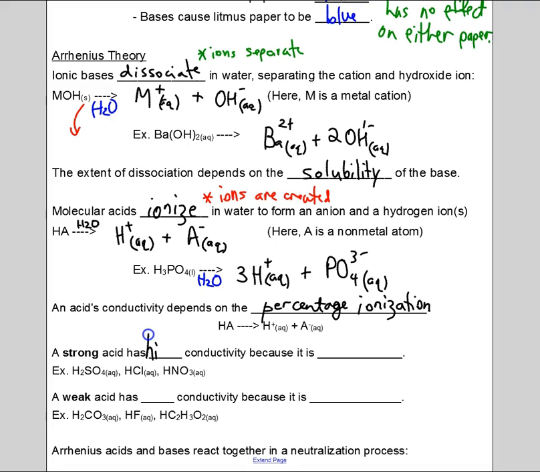High conductivity and low conductivity for strong and weak acids respectively, and the percentage ionization is greater than 99% or less than 50% ionized. Some examples are shown there.